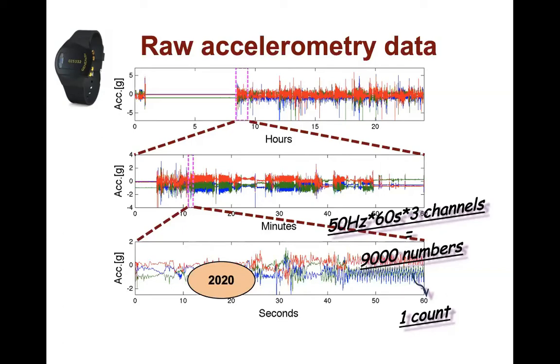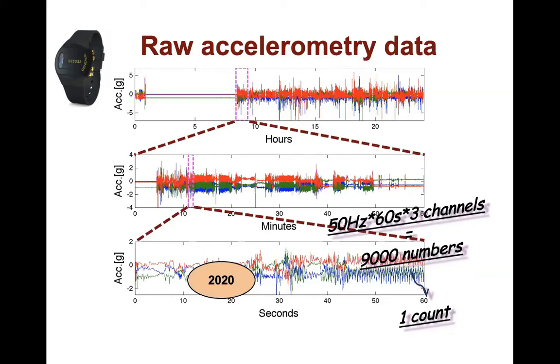When we get this data, those accelerometers I called triaxial accelerometers, we get data from each axis or each channel, usually at a frequency for sure above 10 hertz, but usually anywhere between 30 and 100 hertz.